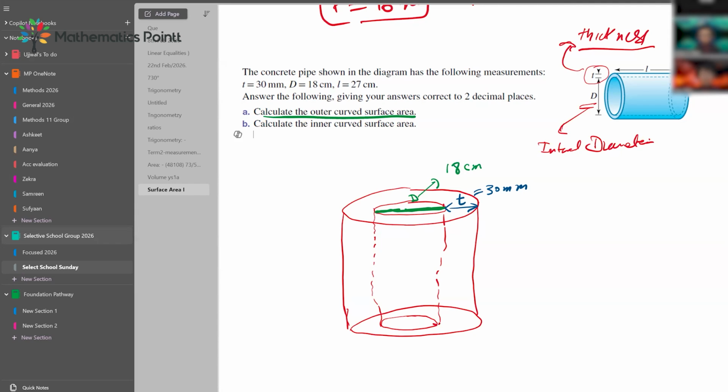See, the inner curved surface area, it's still a cylinder. It's giving you the length as well, which remains the same for both, which is 27. So you know the radius of the inside, and you know the thickness that can help you calculate the radius of the outer, and you know the height.